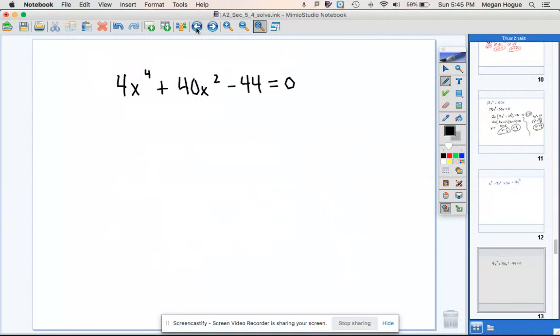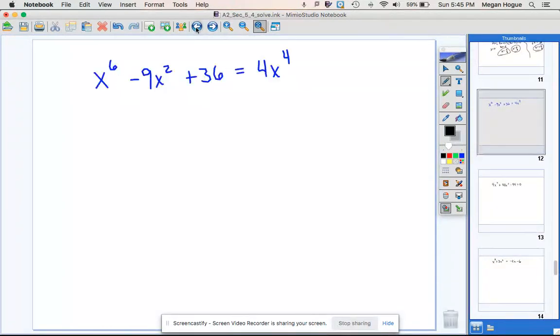I think we'll get by with just 3 more. Let's do this one: x to the 6th minus 9x squared plus 36 equals 4x to the 4th. We've got to get it equal to 0. So let's subtract 4x to the 4th. Let's put it right in here.